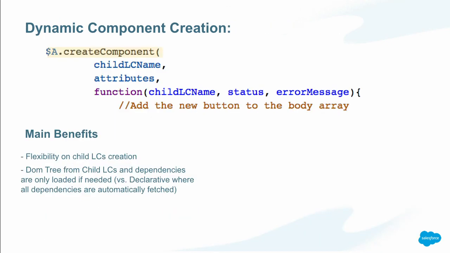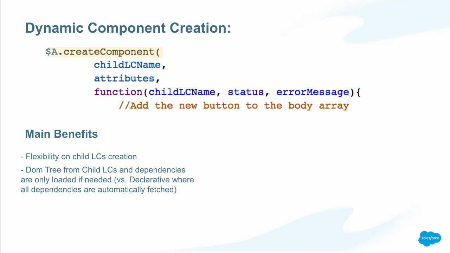But the next approach, the one we're presenting here, is how to create these child components dynamically from the parent component's JavaScript code. One of the main benefits is that developers love the ability to write logic with if statements, and maybe you want to create child components with different attributes inside a for loop.